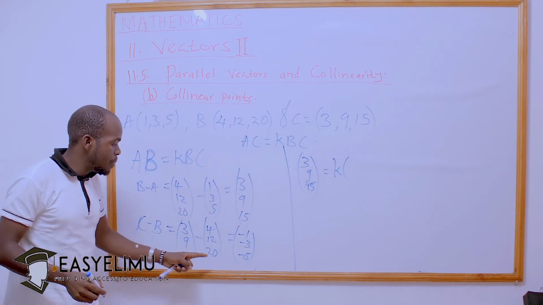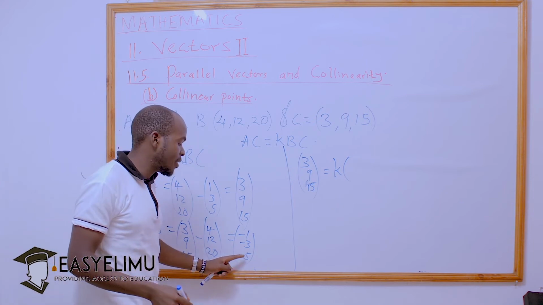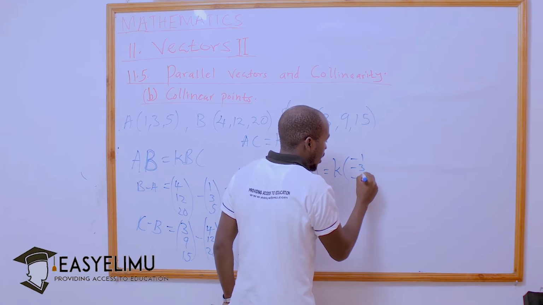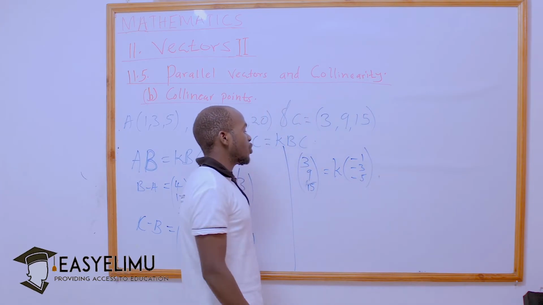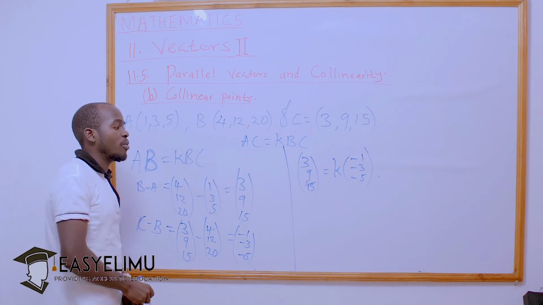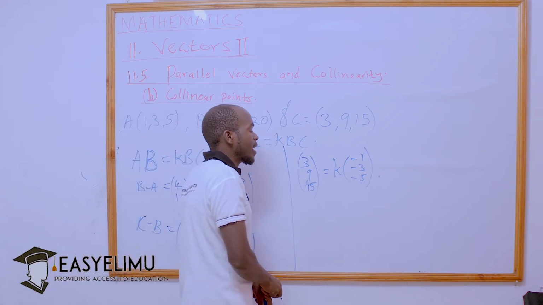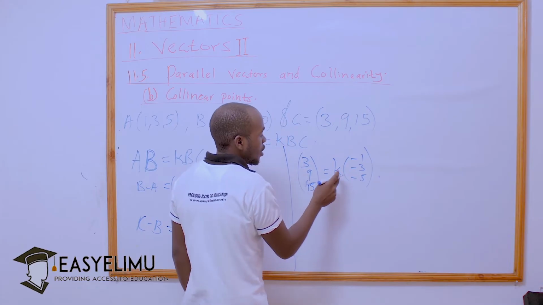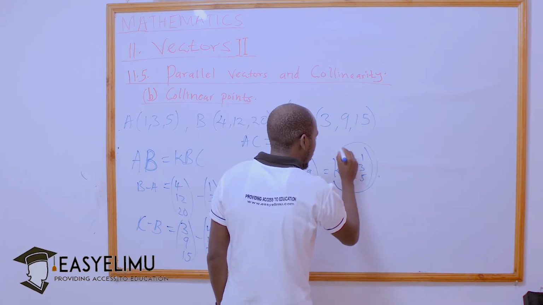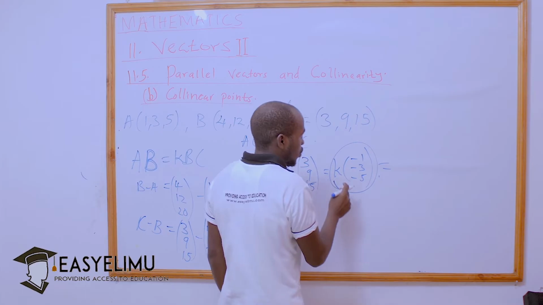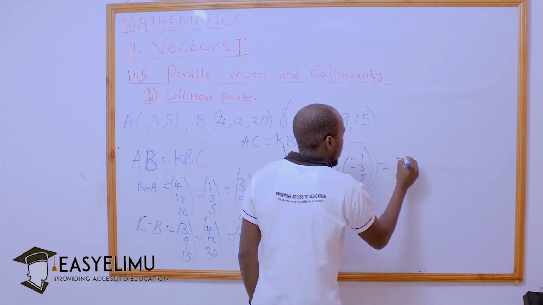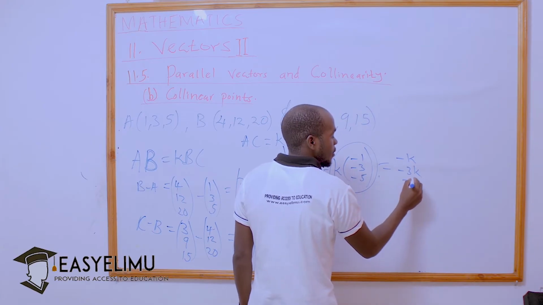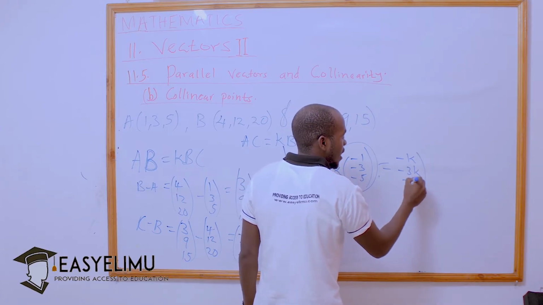Our BC here is -1, -3, -5. If you do that, you are going to get your K from that given point. If you open the bracket, it will be -K, -3K, and -5K. That is just the extension.